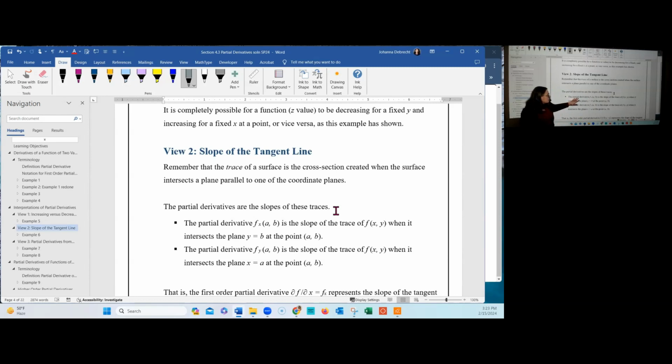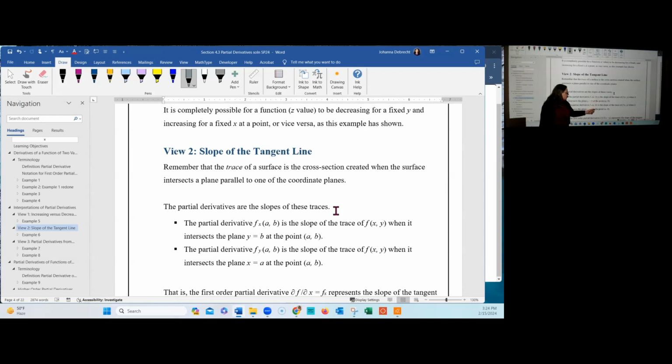So the partial derivative with respect to x at a particular point, a, b, in the domain, is the slope of the trace of the function when it intersects the plane y equal b. Now, why would it be the plane y equal b? When I do the partial with respect to x at a particular point, remember that we hold the y variable constant.